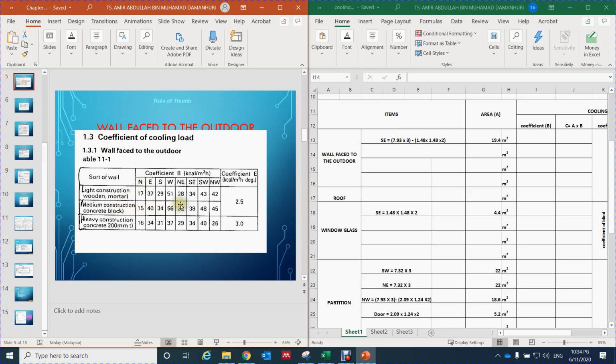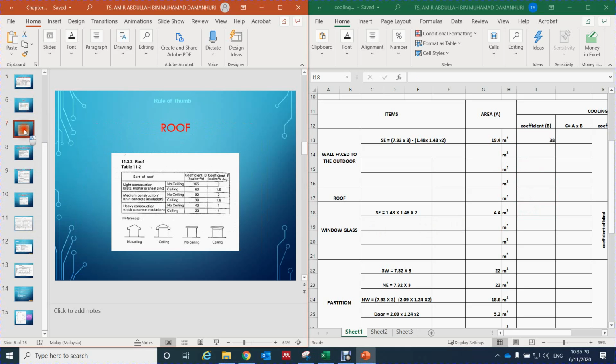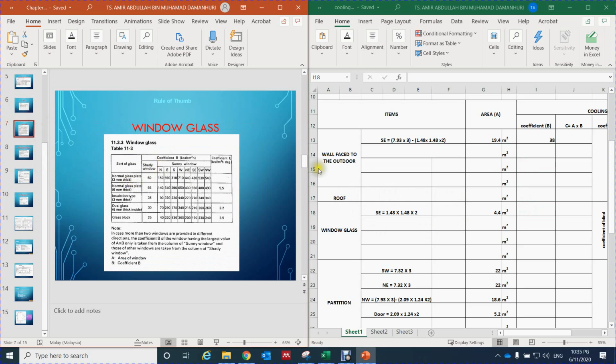Medium construction here, and it is southeast. This is the value of the coefficient B, so we have to put here 38. And then the window glass, we move into the window glass here. It doesn't have any roof here, right? So that's why we just skip it, and then we go to the window glass.